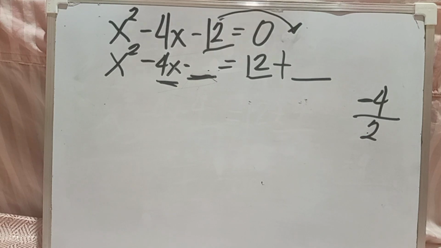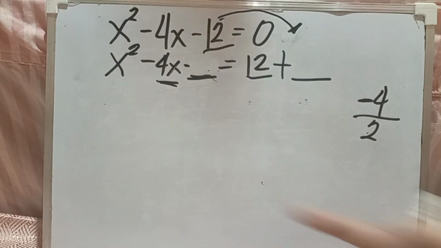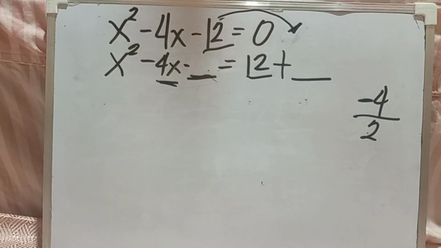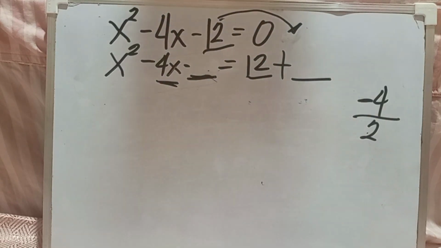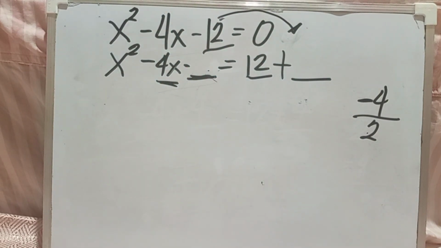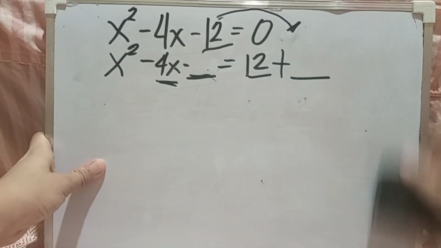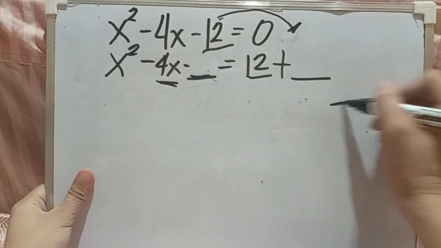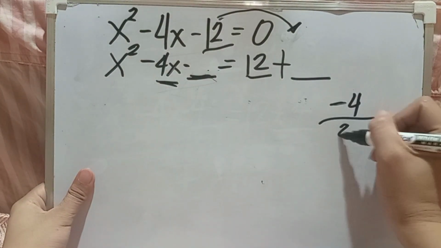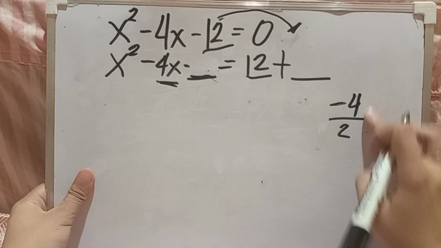Whatever coefficient we have in the linear term will always be divided by 2. Get the quotient of negative 4 divided by 2.